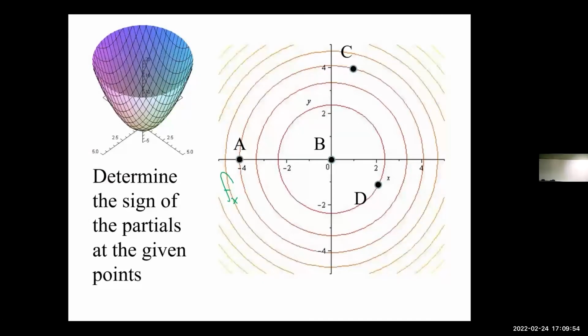Now I didn't label the z on the level curves on here, but we have the 3D plot over here, right? Which tells us that as we go outward from the center, we're increasing. So if we were to move from A in the positive x direction, our z value would decrease. So we would expect f sub x to be negative at A. What about f sub y? Because at each point we have two possible partials.